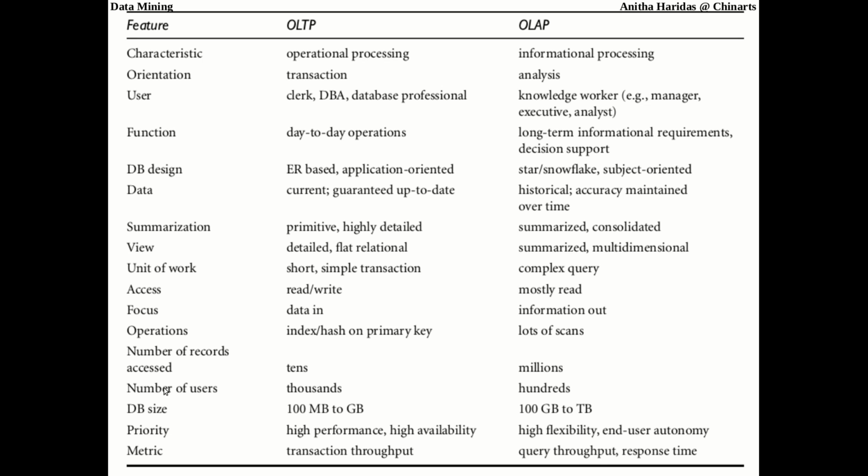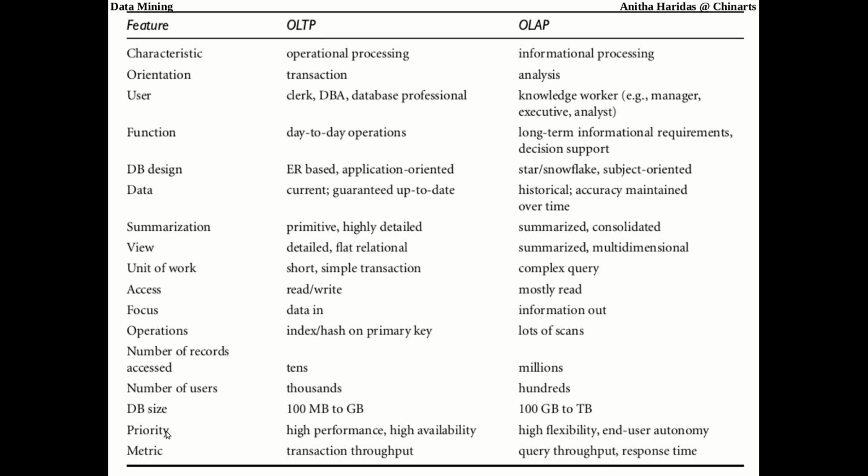So at the bottom level, many users will be there for transactional processing, whereas at the top level of the pyramid of any organization, only a few users will be there for the executive systems or for decision making. Then the database size will generally be 100 MBs to gigabytes, whereas for analytical processing, it is going to range from 100 GB to terabytes.